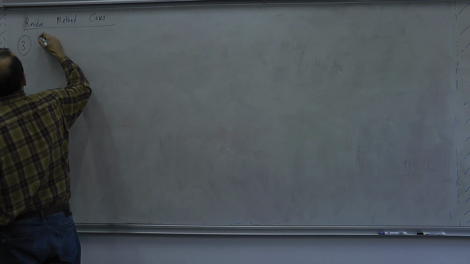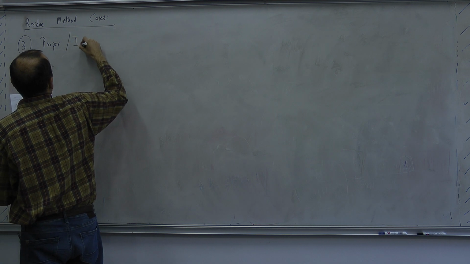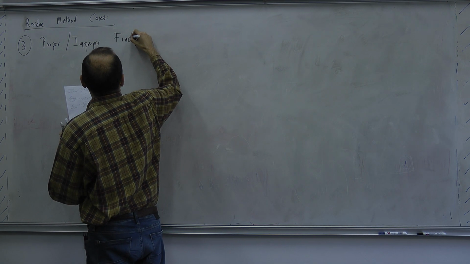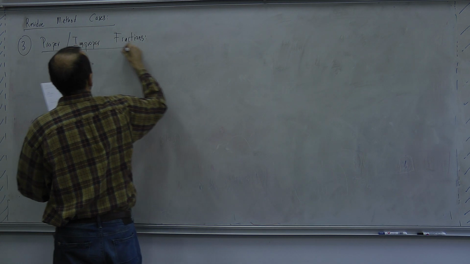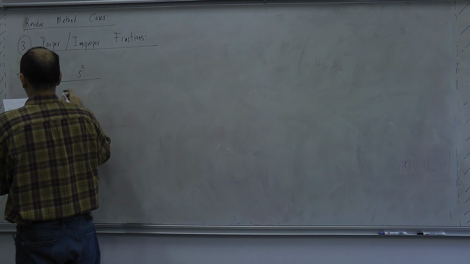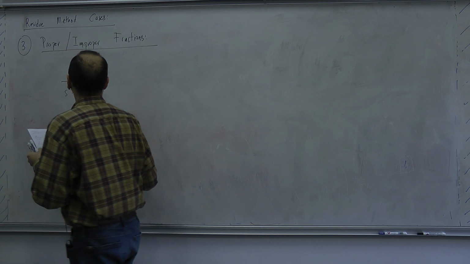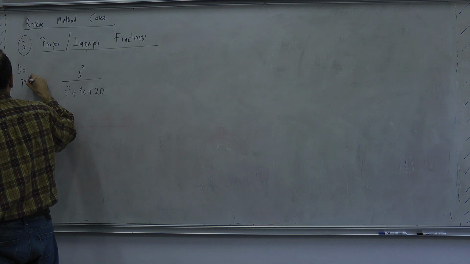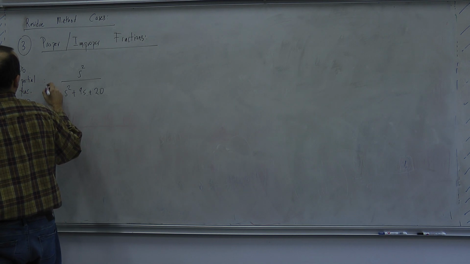So let me say proper slash improper fractions. So the question is the following: s squared divided by s squared plus 9s plus 20. So I would like to do partial fraction expansion of this.